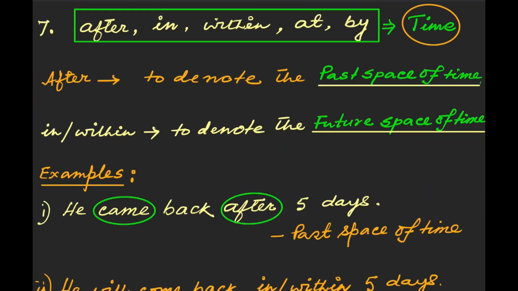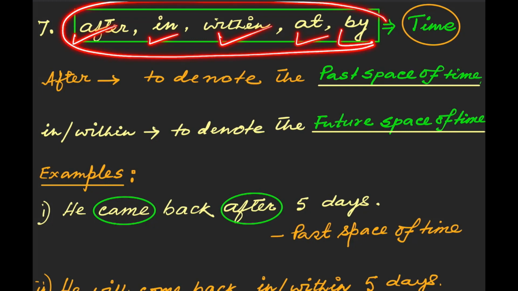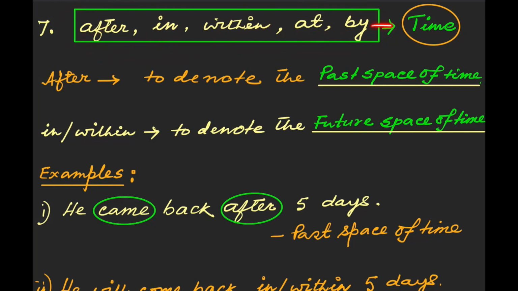Now see how these prepositions are correctly used to denote time: after, in, within, at, by. These prepositions are used in English to denote time, but with different types of use. First see after. After is used to denote the past space of time, period of time. In or within, these 2 prepositions are used to denote the future space of time.